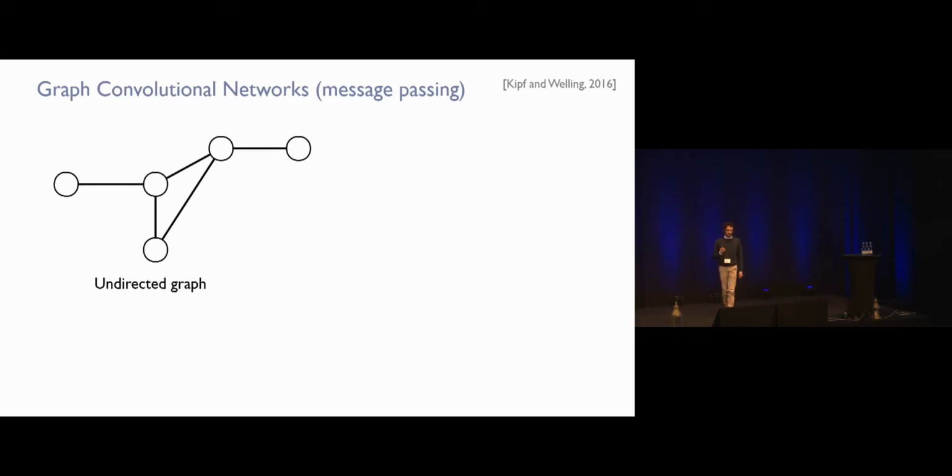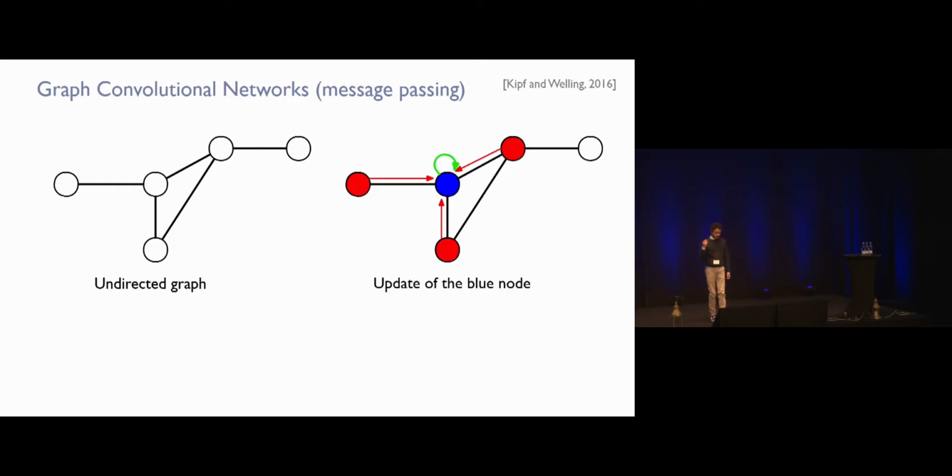Graph convolutional networks are a neural architecture that is able to represent nodes in a graph given the graph structure. They can also be seen as a message passing algorithm. What do I mean by that? Well, let's see an example. Let's imagine that we want to represent the blue node in the context of this graph.